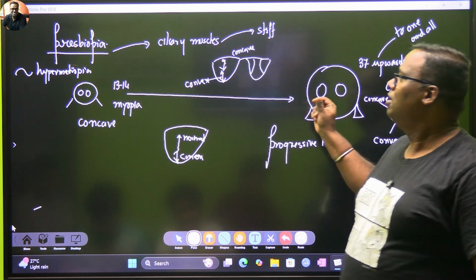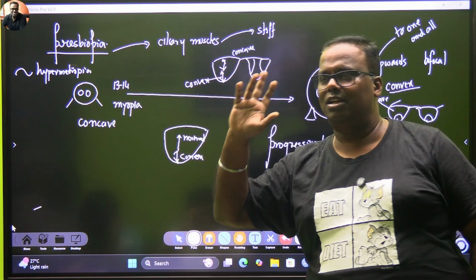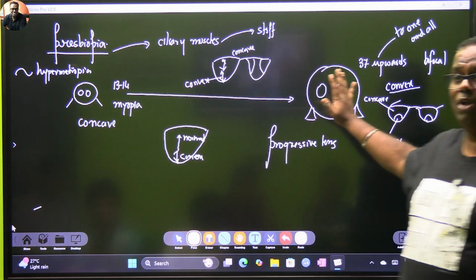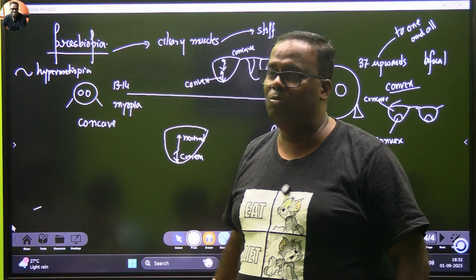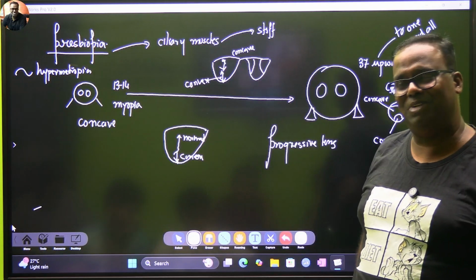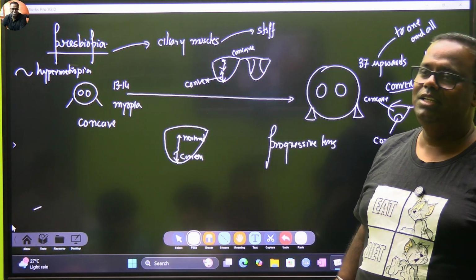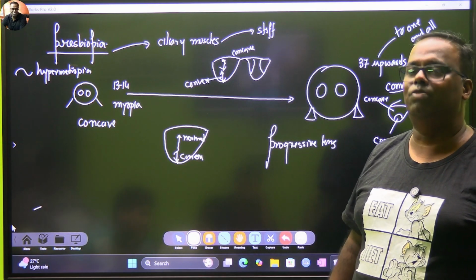So presbyopia and one more disease next class. Then we'll also figure out cataract. Presbyopia will happen to everyone. If you see your mom or dad taking their specs and then looking at your report card, they are presbyopic. And if he or she uses the lens only at that time, that means it's a convex lens.